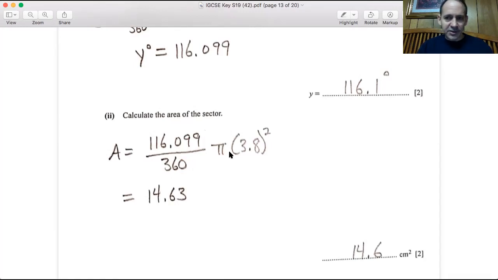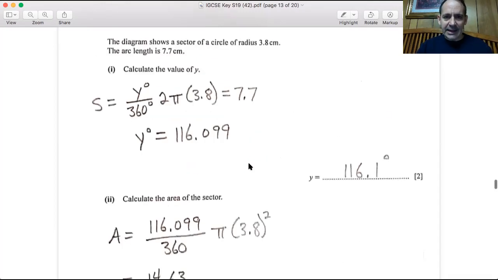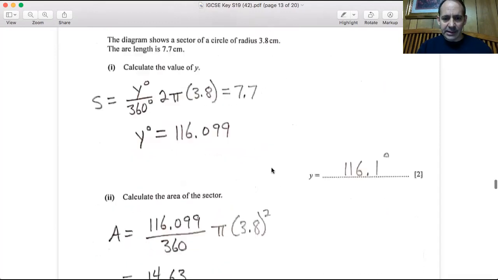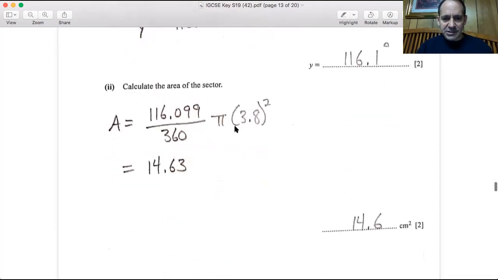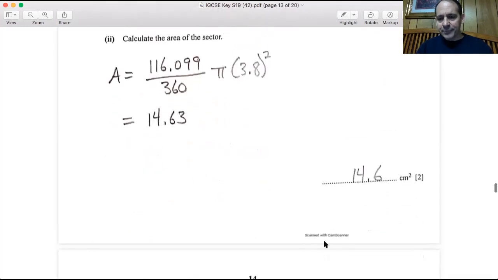And area is a fraction of a circle. So here's pi r squared, which is area of a circle. The radius is 3.8. Again, remember 3.8 is our radius. And here's our fraction of the circle, 116.099 over 360. Multiply all that out, you get 14.63 or 14.6 to 3 significant figures, because this is area, not degree measurement.